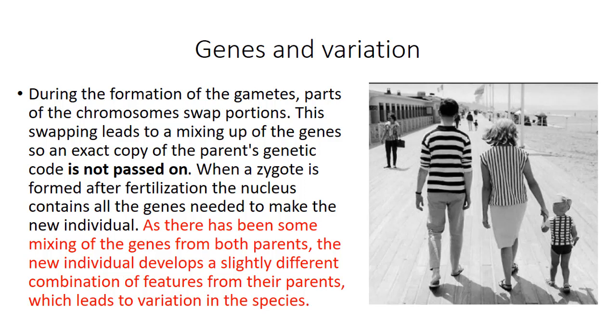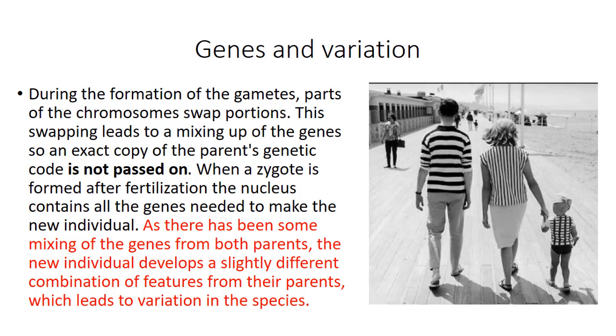For example, when a zygote is formed after fertilization, the nucleus contains all the genes needed to make the new individual. But the main point here is that as there has been some mixing of the genes from both parents, the new individual will develop a slightly different combination of features from their parents.